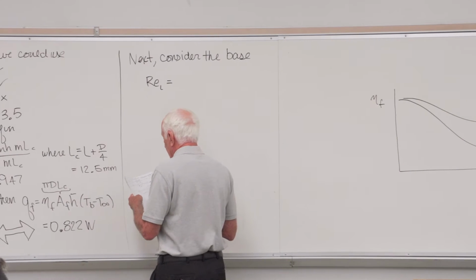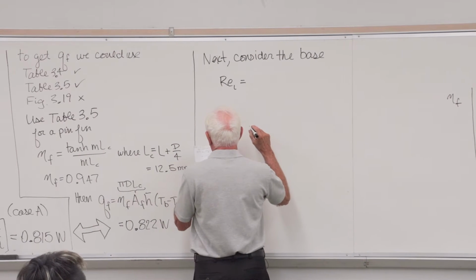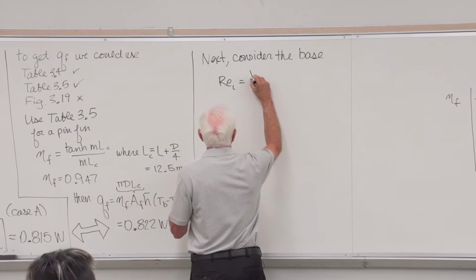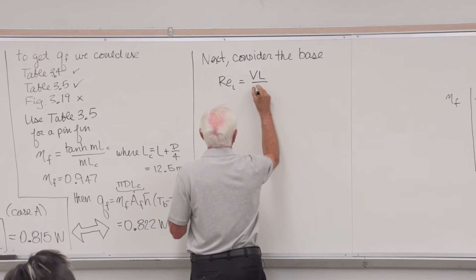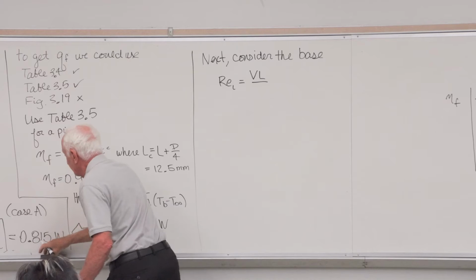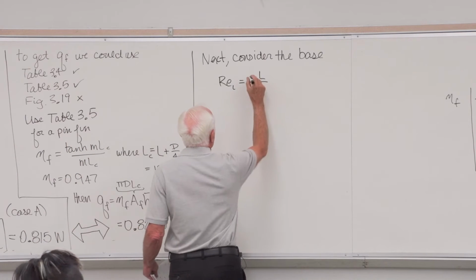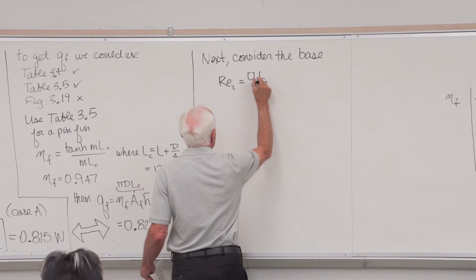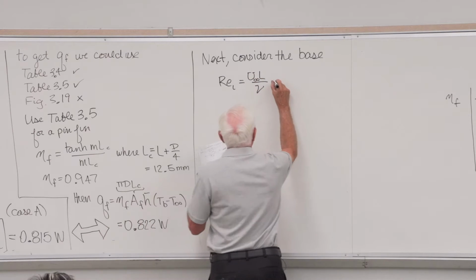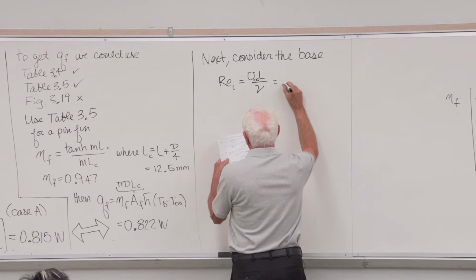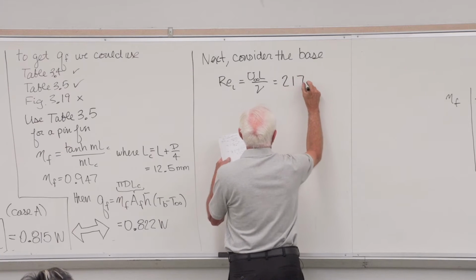And so the Reynolds number, VL over nu, let's make that like we do in chapter 7, U infinity. We know all that stuff. Put it in there, 2176.